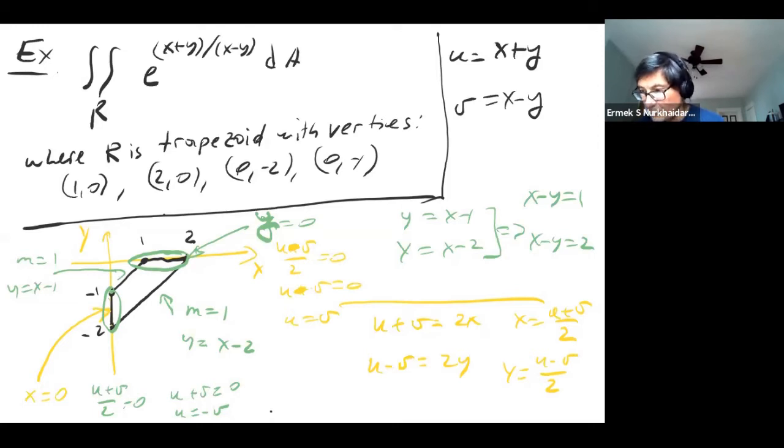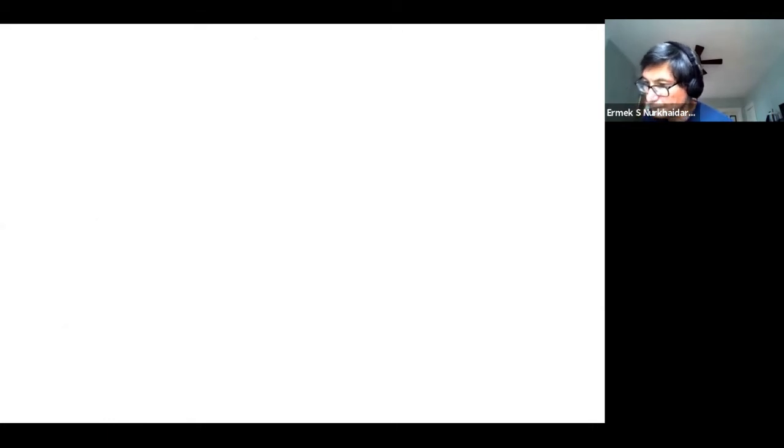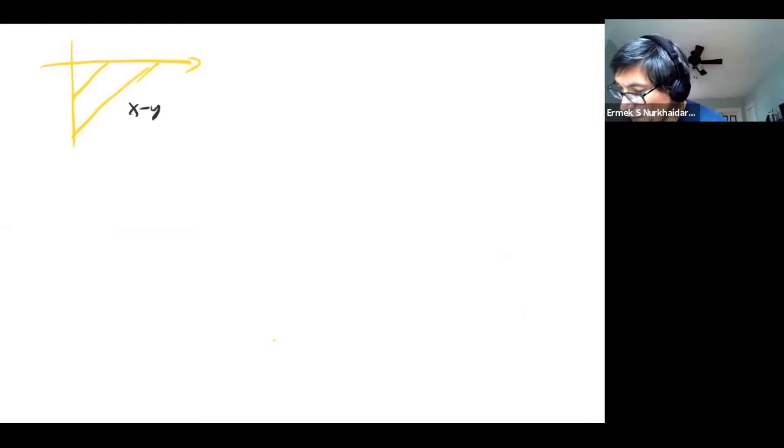All right, I'll copy it one more time on the next page. So what we've got: our original one was x minus y equals 2, and x minus y we called v, so we get v equals 2 for this one. This one was x minus y equals 1, which in terms of u and v is v equals 1.